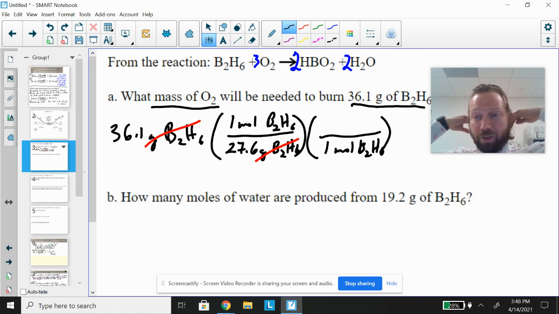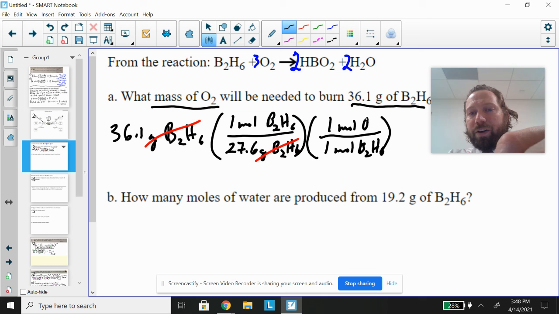But always we put what we are given on the bottom and what we want to know or what is unknown on the top. In this case, my unknown is my mass of oxygen, so I need to first go to moles of my unknown, my oxygen. Right? Now, I wrote this out here without even thinking, but I want to look, right? There's a 1 here, but the numbers here should match the coefficients, so this should be a 3.